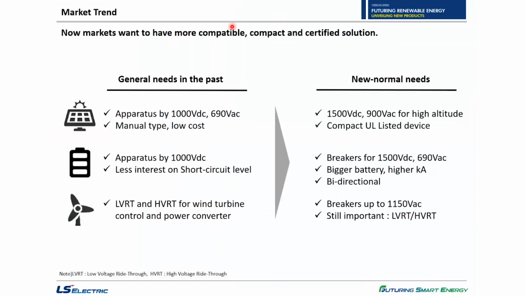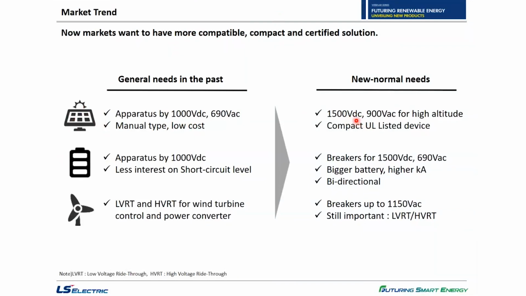Firstly, I would like to recap recent market trends from the aspect of a solution provider. In terms of the DC side, for each application, solar and battery, the market needs have already changed from 1,000 volt to 1,500 volt DC. According to this evolution of the business ecosystem, 1,500 volt DC apparatus is now a standard product.